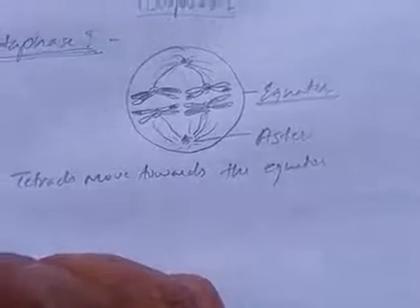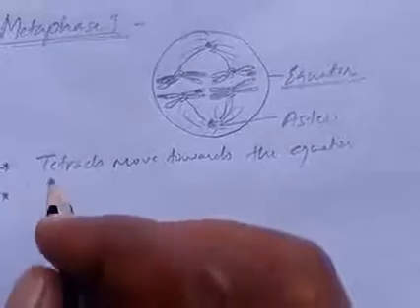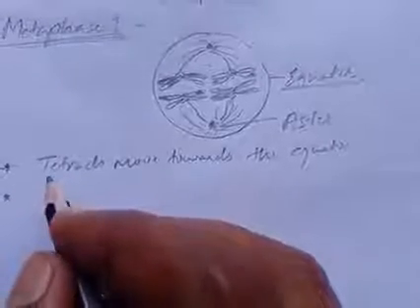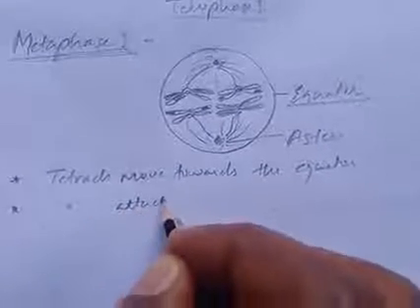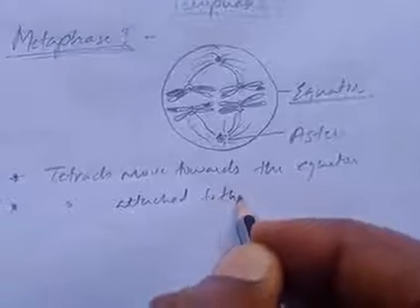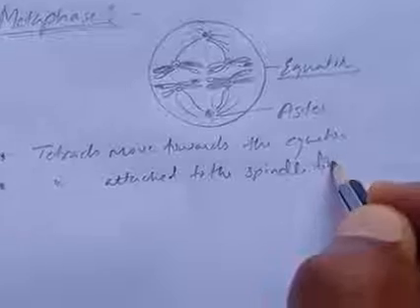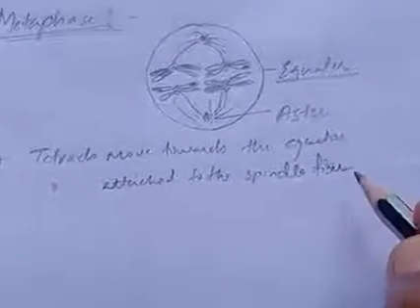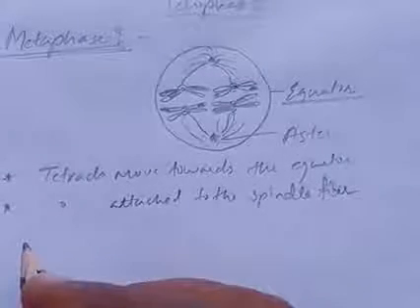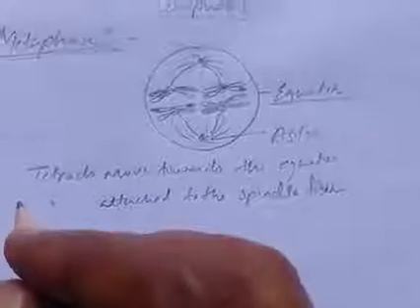And second point, tetrads become attached to the spindle fibers by their kinetochores.